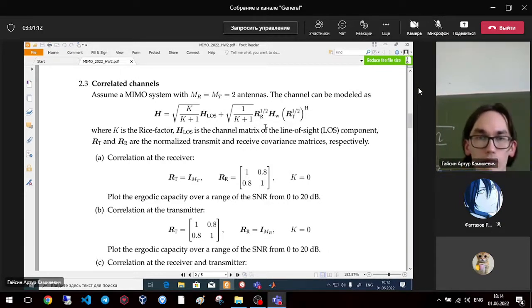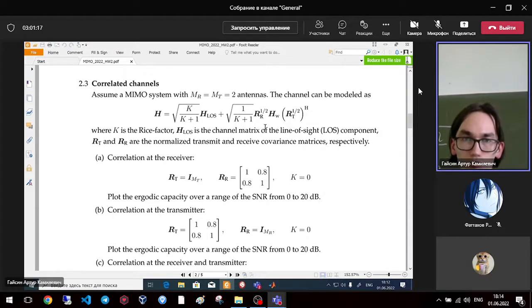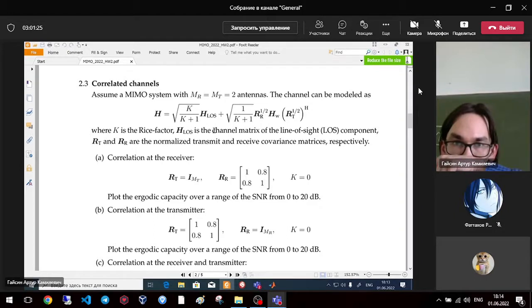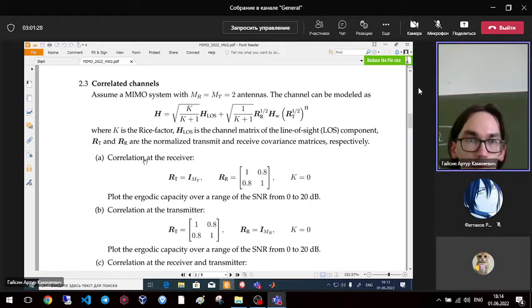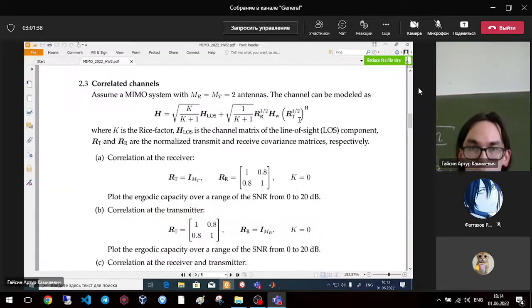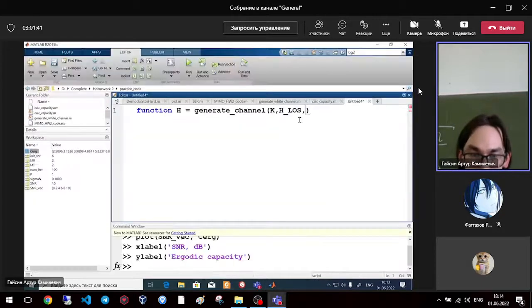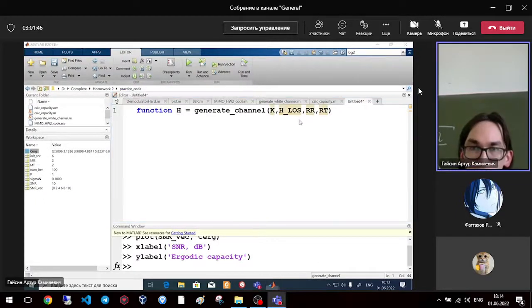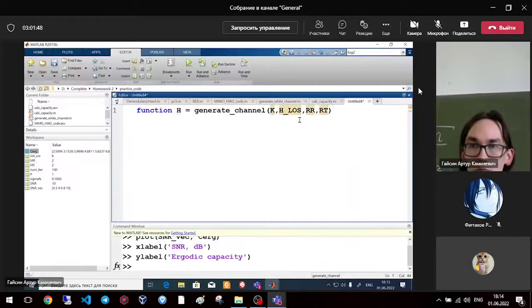So K, covariance matrices, and maybe this matrix, H line of sight. But for example, let's show K factor, H with index line of sight. Our receive, transmit, yes.